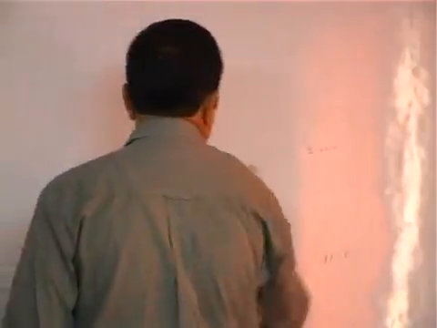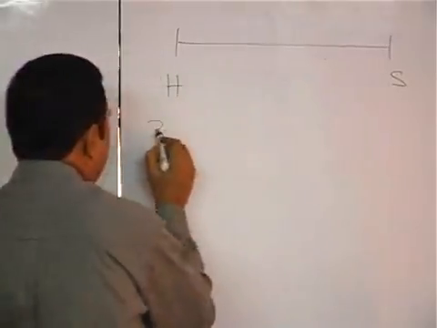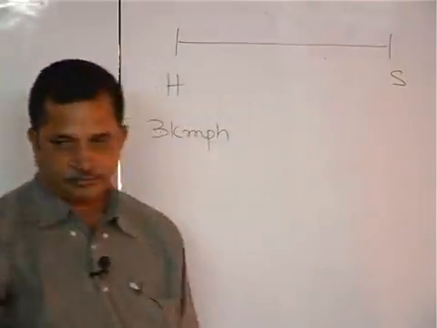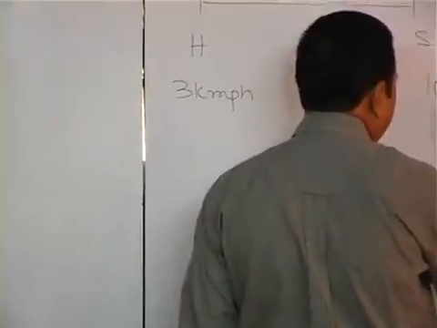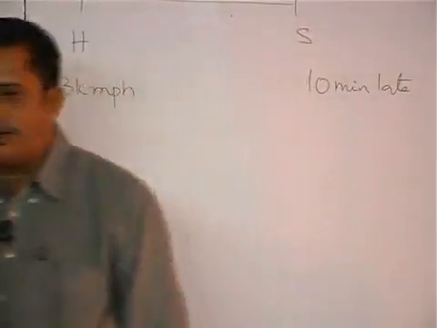Third model, write down. A boy while going to the school from his house travels with a speed of 3 kmph and is late by 10 minutes.